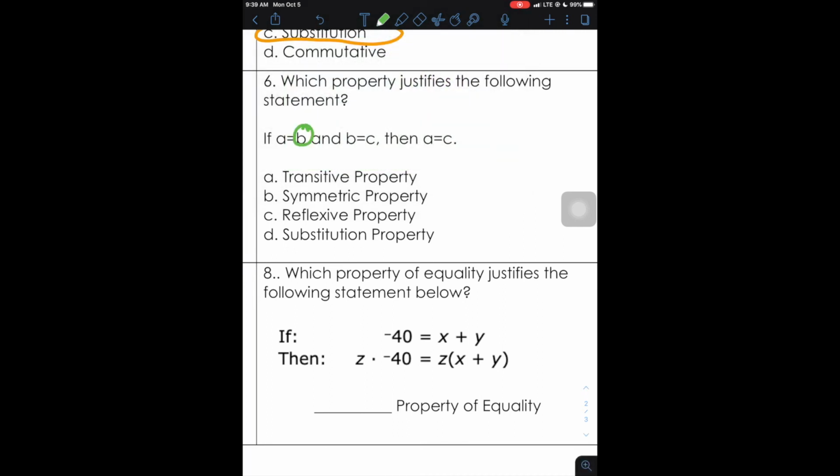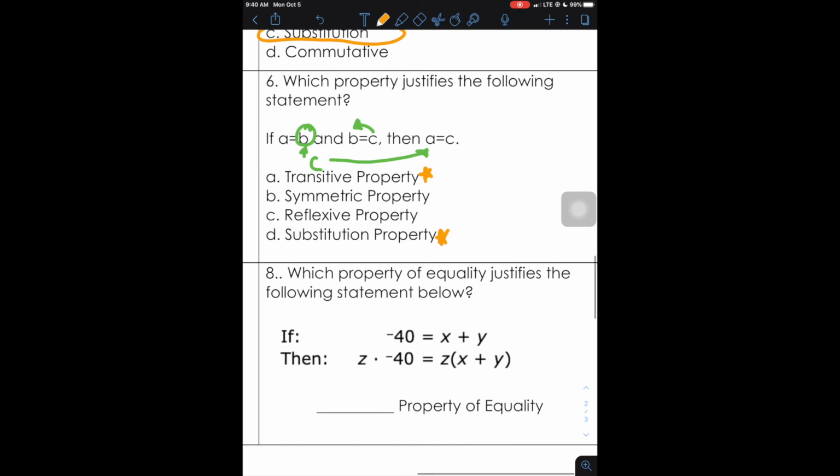If A is equal to B, but B is equal to C, I can substitute C for B. So wherever I see a B, I could put a C. And that's how I could get that answer. So I'm going to put a little asterisk, and I'm going to let her clarify that one in class.